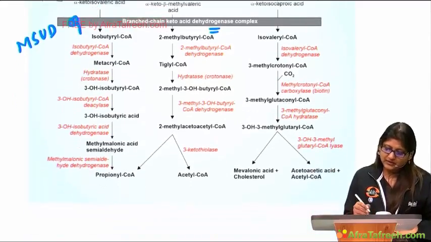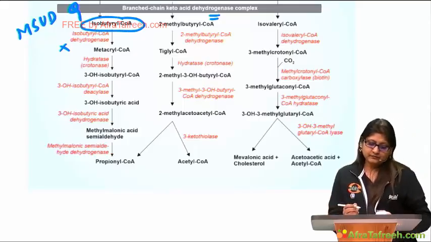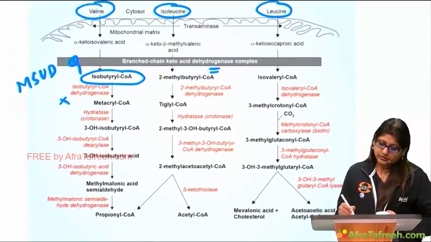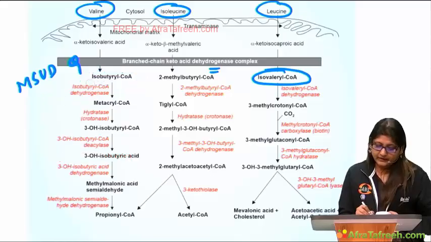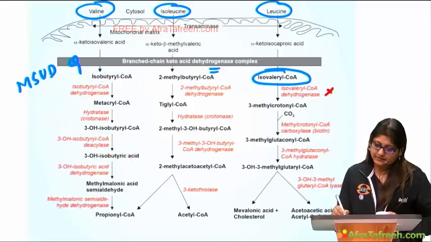You have isovaleryl CoA dehydrogenase, deficiency of which results in isovaleric acidemia. Isovaleryl coenzyme A is produced from leucine, and deficiency of this enzyme, isovaleryl CoA dehydrogenase, results in isovaleric acidemia. This is important for you.